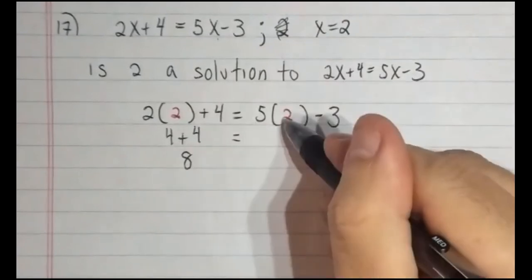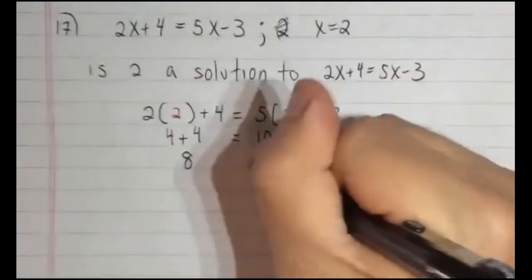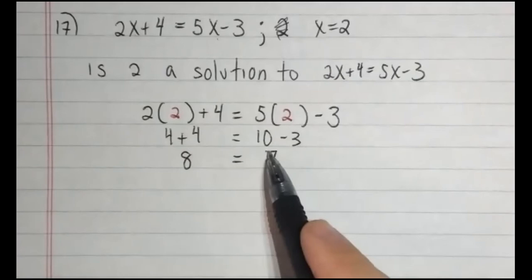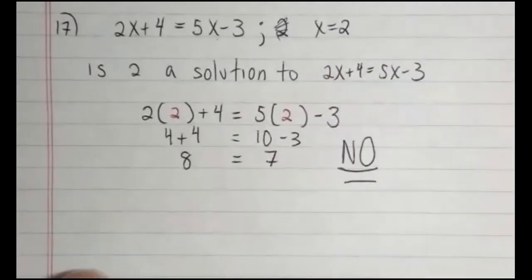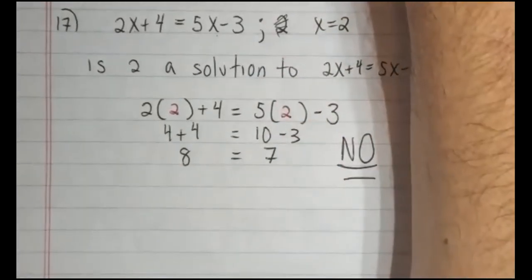And then 5 times 2 would be 10. And 10 take away 3 would give me 7. So they are not equal. If they are not equal, then the answer is no, that is not a solution. If the two sides were equal, then I would say yes, it is a solution.